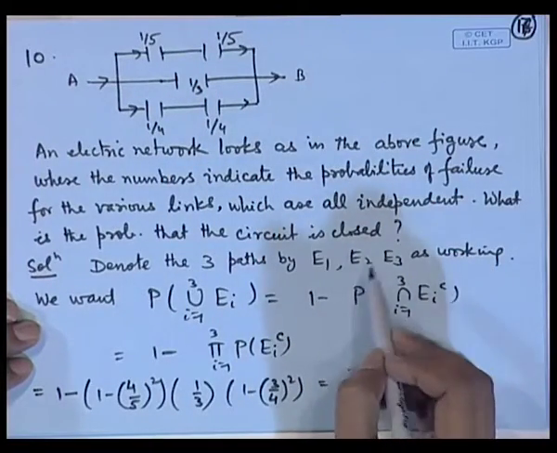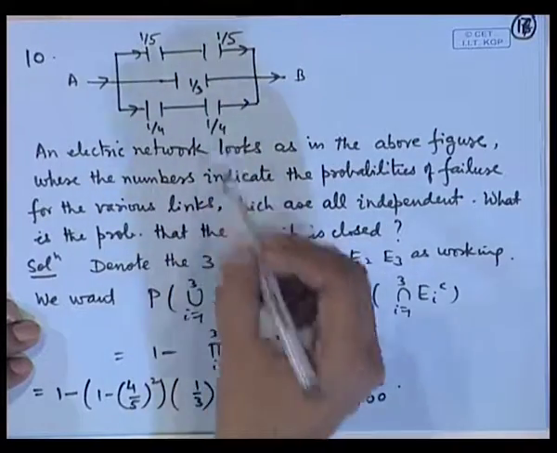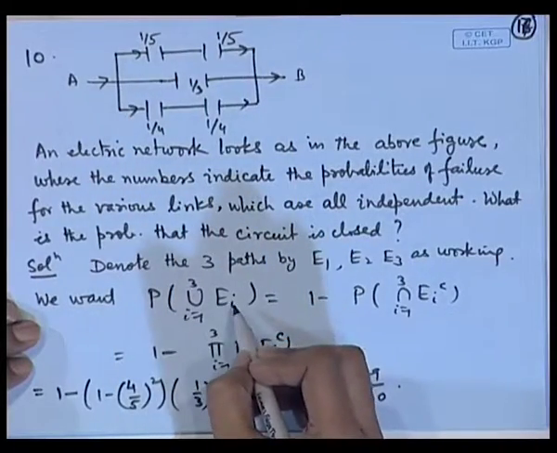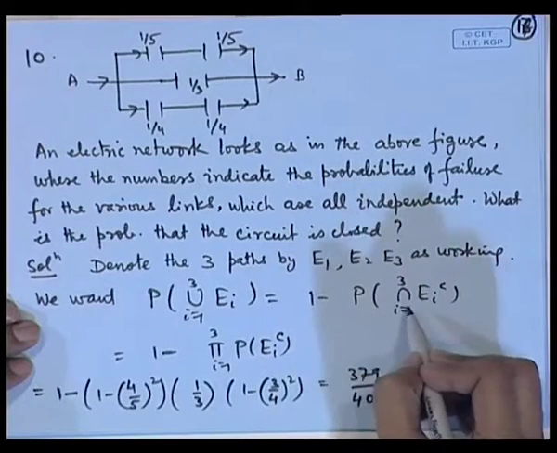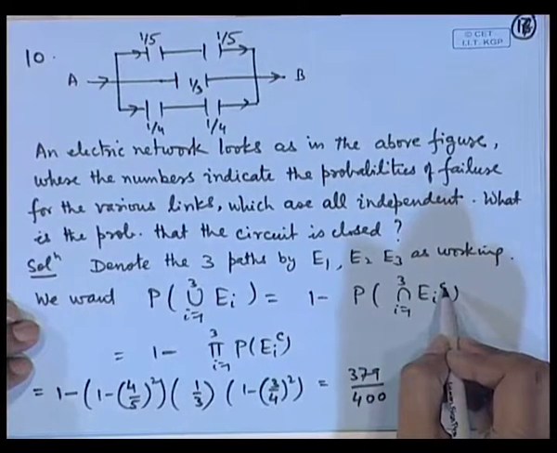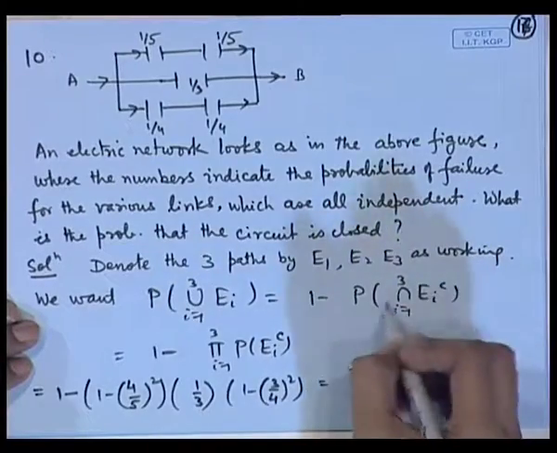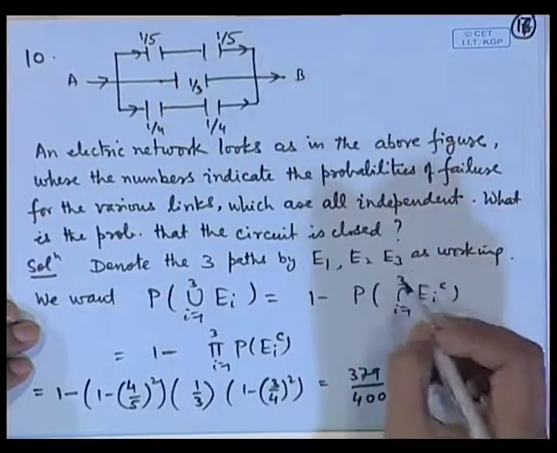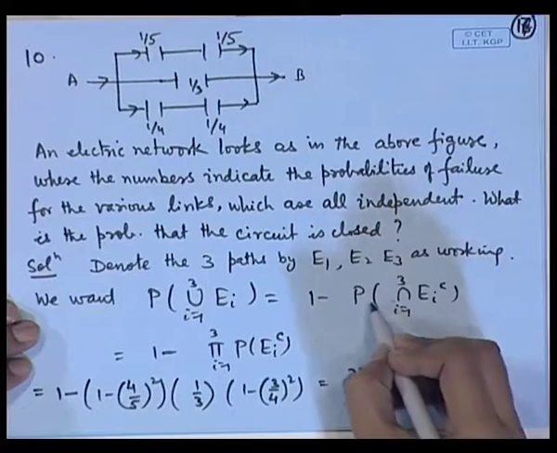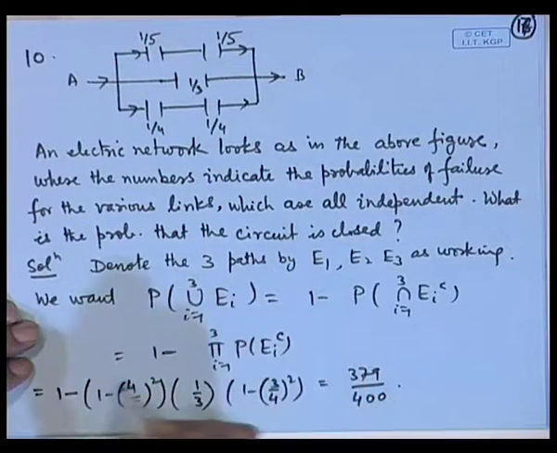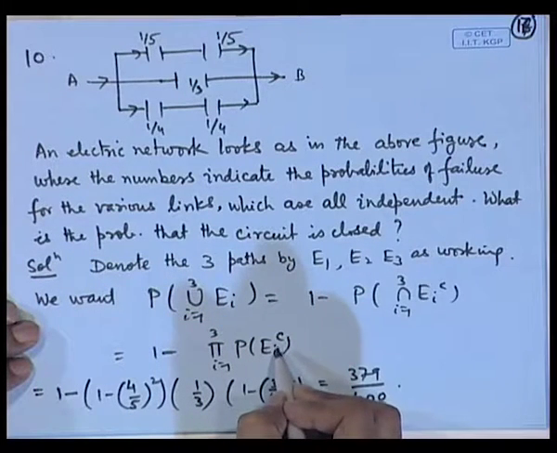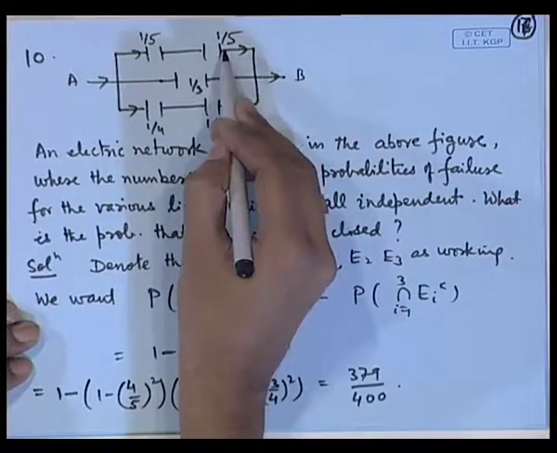So, if we denote the 3 paths by E1, E2, E3, then it is probability of union of Ei, which is equal to 1 minus probability of intersection Ei complement. Now, here each path is working independently. Therefore, probability of intersection becomes product of the probabilities. Now, E1 complement means that this circuit is not working.